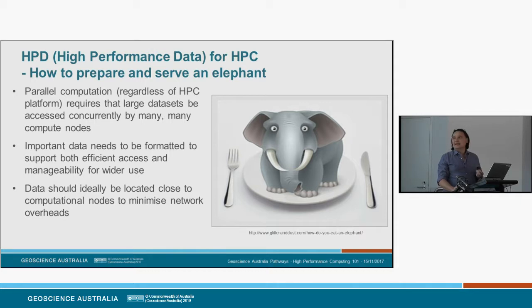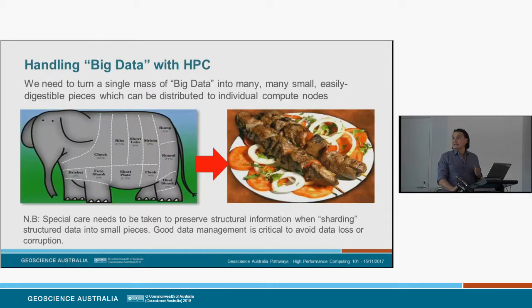So if we were to pre-shard our data and turn it into a million tiny little tiles or something like that, it creates a management headache. It's very difficult to actually keep those organised. And as Dave mentioned, we need to actually locate the data where the compute is, ideally, for these very large data-intensive jobs.